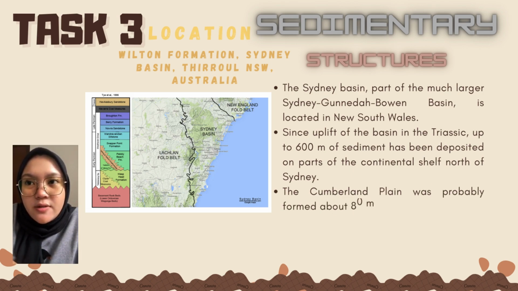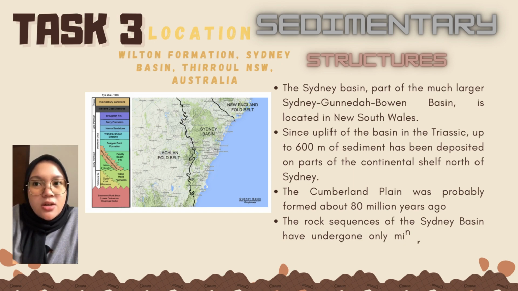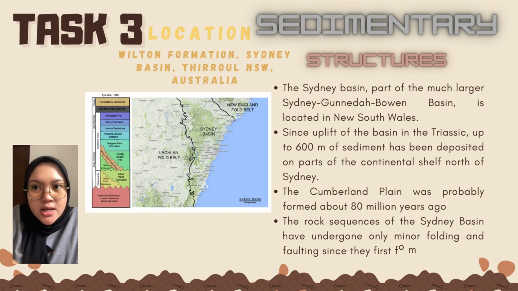Following uplift of the basin in the Triassic, up to 600 meters of sediment has been deposited on part of the continental shelf north of Sydney. A significant thickness of sediment, up to 80 meters, has accumulated in coastal depressions such as Botany Bay and Lake Macquarie.